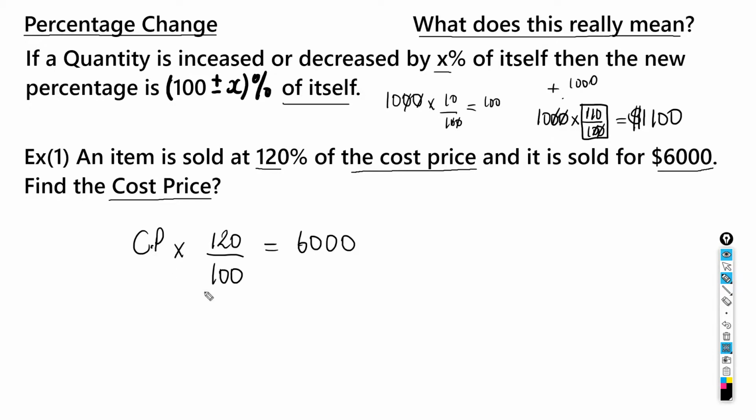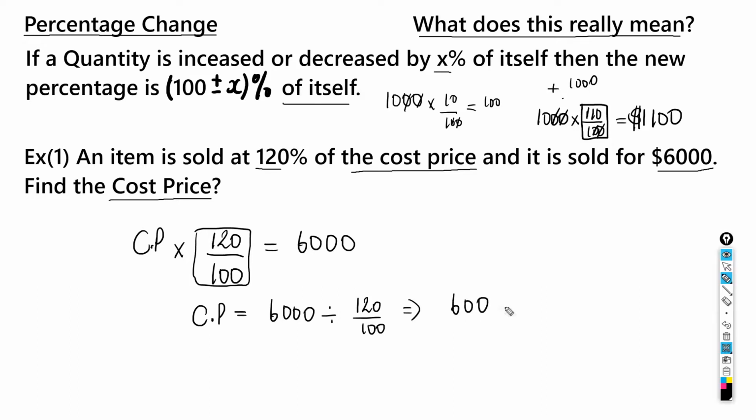In order to find the cost price, we say the cost price is equal to 6,000, and we divide the right side by this multiplication factor. So we end up with 6,000 divided by 120 over 100. You flip it, so you end up with 6,000 multiplied by 100 over 120.